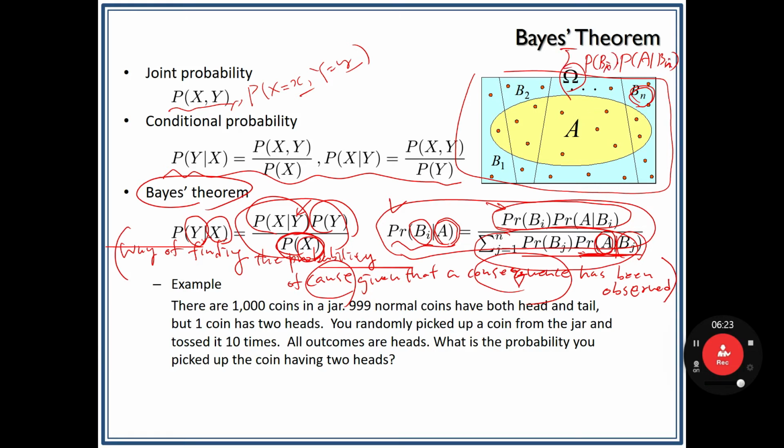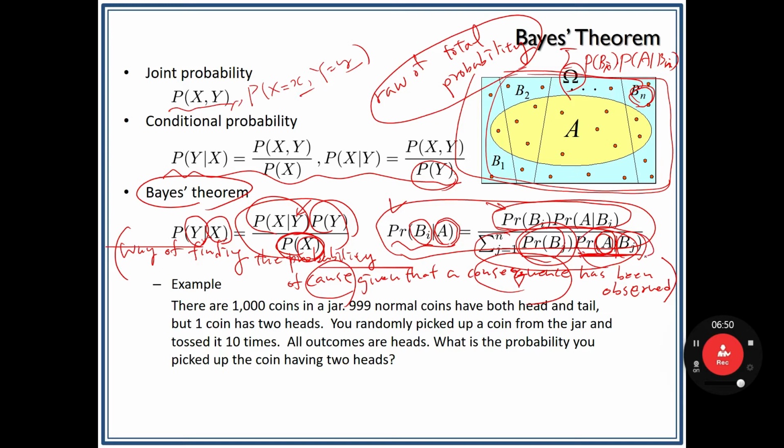Actually, this one is for the whole sample space, and this is called the law of total probability. To find this marginal probability, we should employ this law of total probability. You can see that this one is a kind of weight, and this whole denominator is the weighted sum of conditional probabilities.